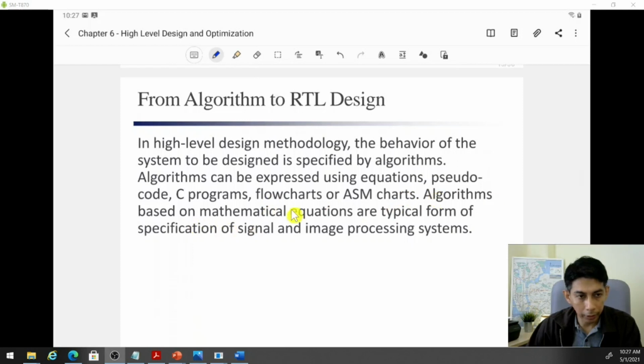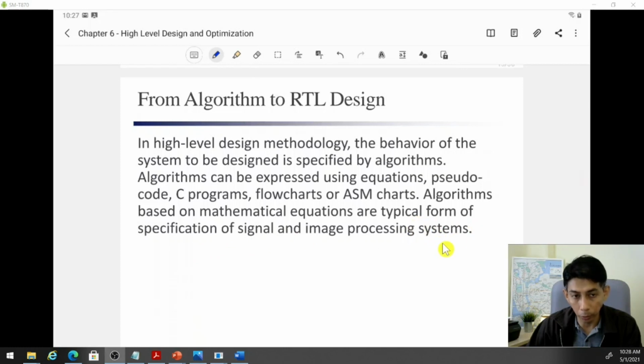Algorithms based on mathematical equations are a typical form of specification of signal and image processing systems.